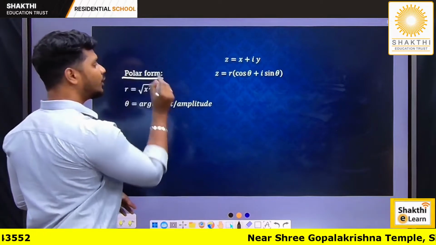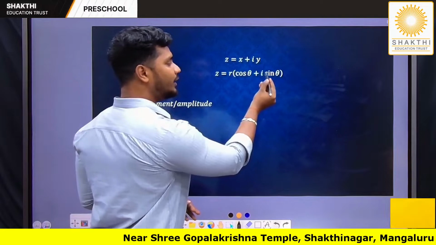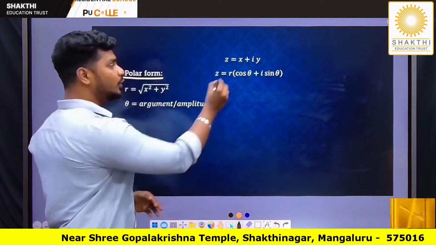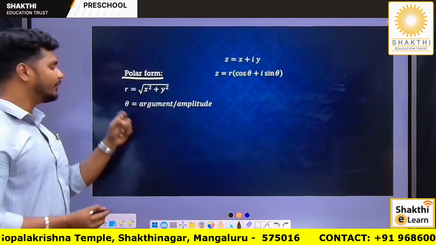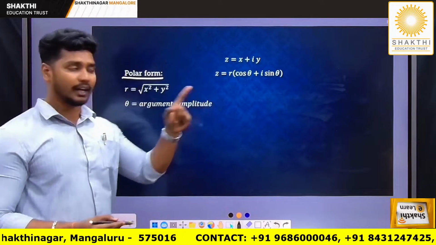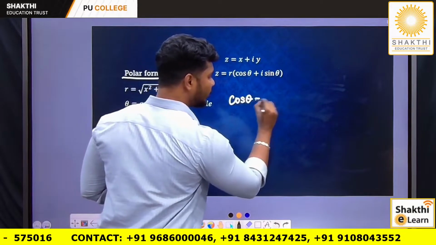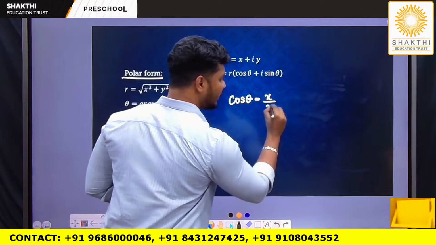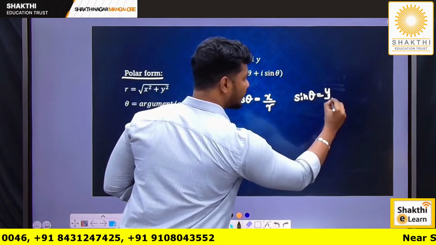The polar form of the complex number is given as z is equal to r into cos theta plus i sin theta. Here, r is equal to under the root x square plus y square, and the value of theta we find by the comparison of cos theta and sin theta. Once again, cos theta is equal to x by r and sin theta is equal to y by r.